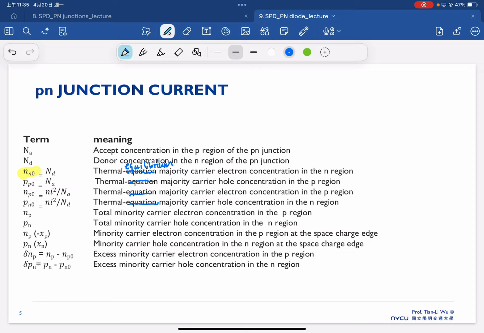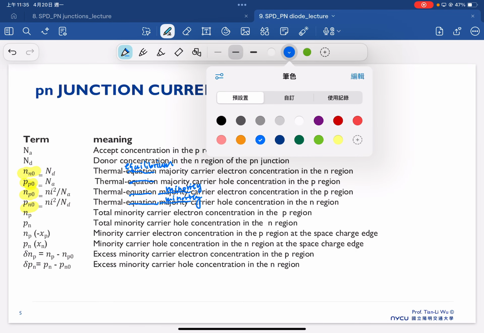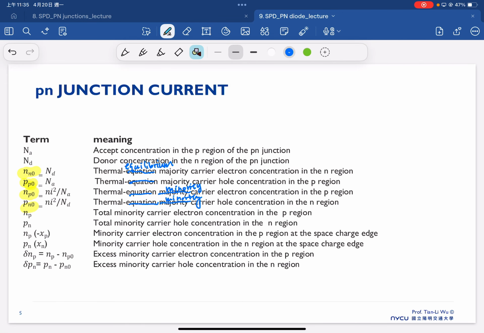We also have NP0. This is a minority carrier.